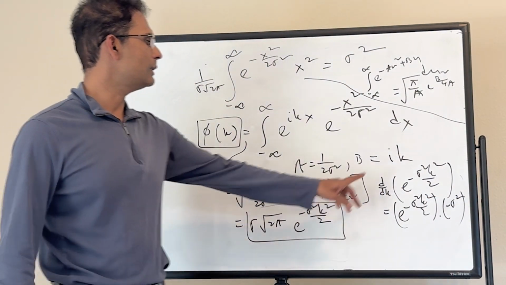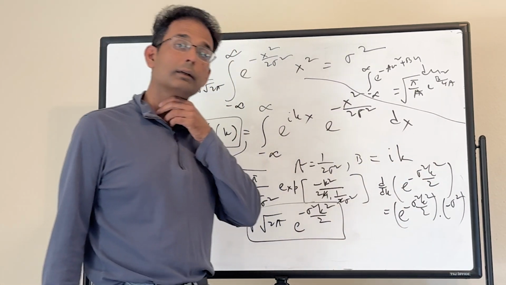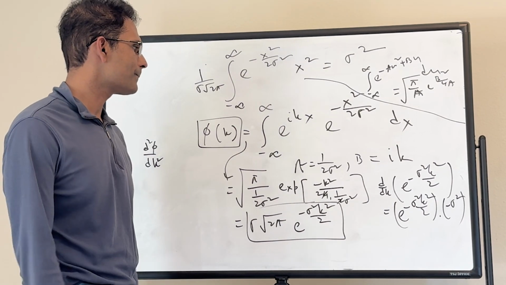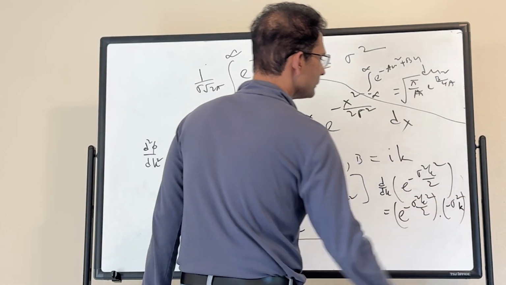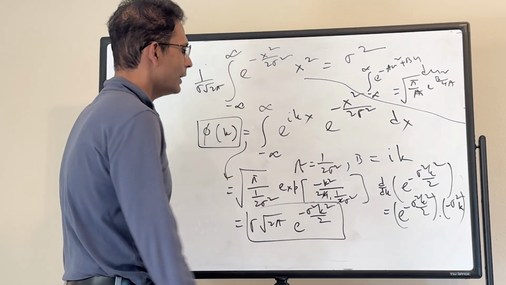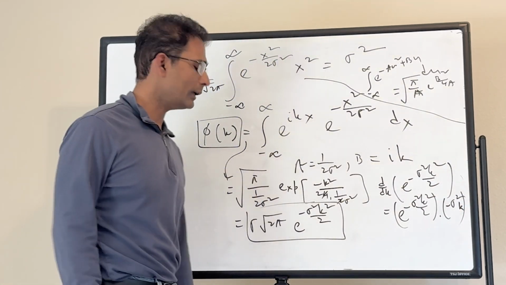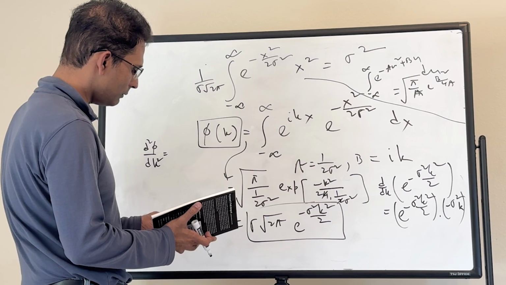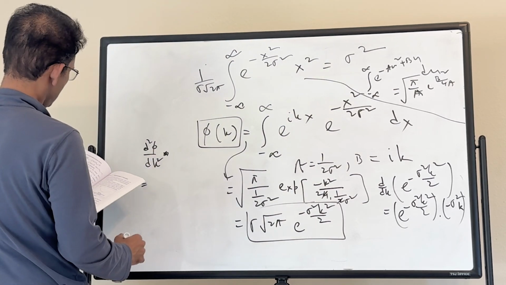The derivative of k squared is 2k, so the 2 and 2 cancel out, and you are left with that. Oh, I forgot the k. Then you do another derivative, using the product rule and so on. If you do that, the final result is going to be, let me write it here.